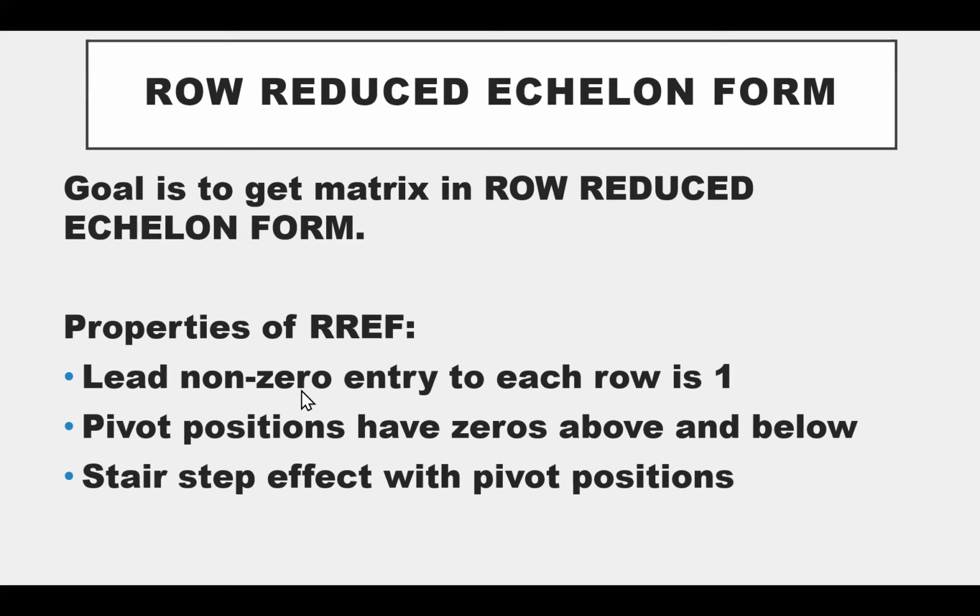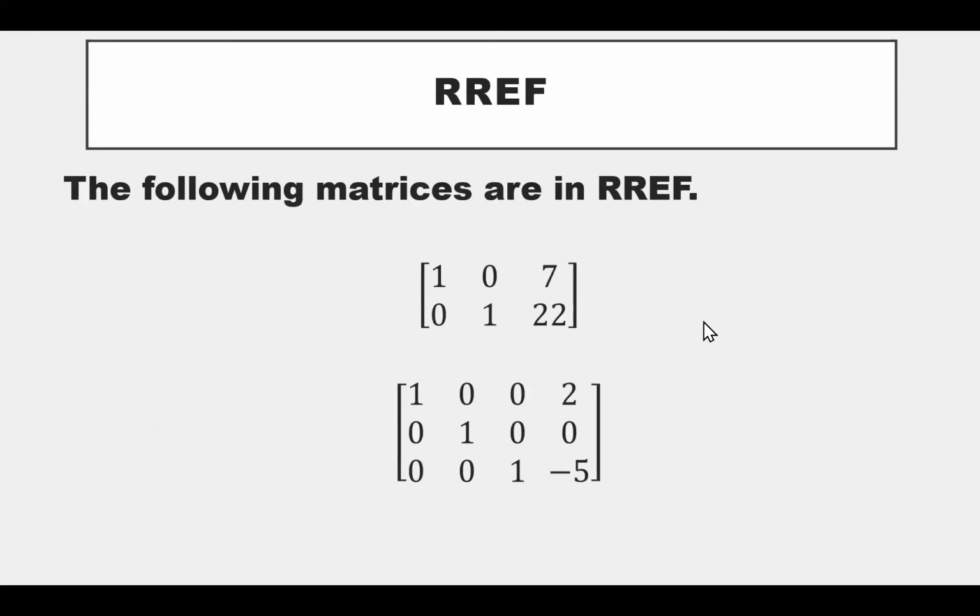So those lead non-zero entries where they're 1s are the pivot positions, and the pivot positions start in the upper left and move down and to the right, and we'll get more and more pivot positions. So the following matrices are in row-reduced echelon form, which we're always going to call RREF in this class.